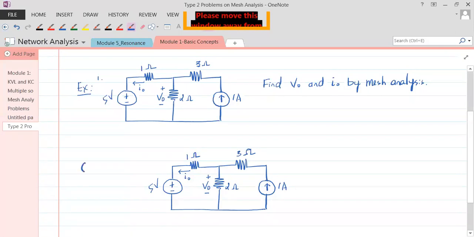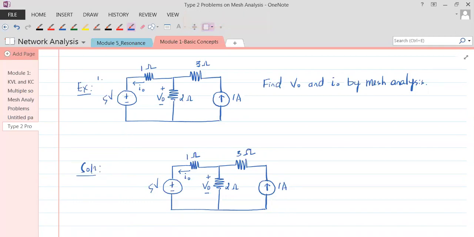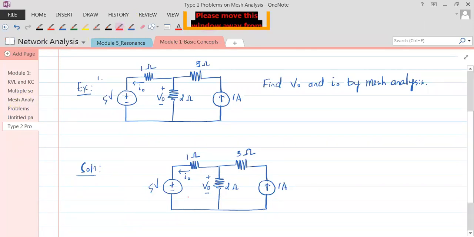In the solution, what are we supposed to be doing? How many meshes are there? We are asked to find I0 and V0, but I0 and V0 are not the mesh currents. In mesh analysis, we need to find the mesh currents. So for that, we need to mark the mesh currents. See here. Everybody, I hope you've been doing this along with me.